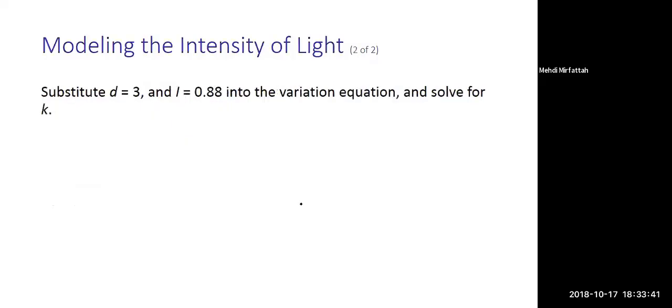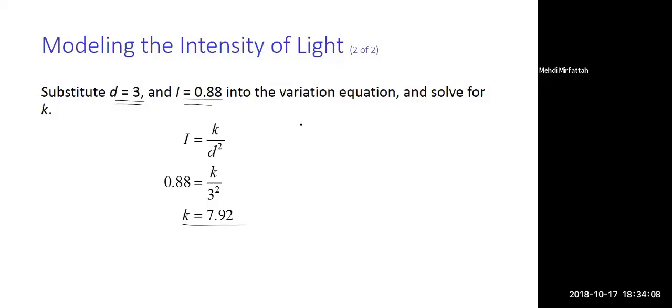Let's look at the steps then. We're going to substitute when d is equal to 3, I is equal to 0.88 to solve for k, because remember, I varied inversely with d squared. You substitute 0.88 for I, you substitute 3 for d, and you find k.